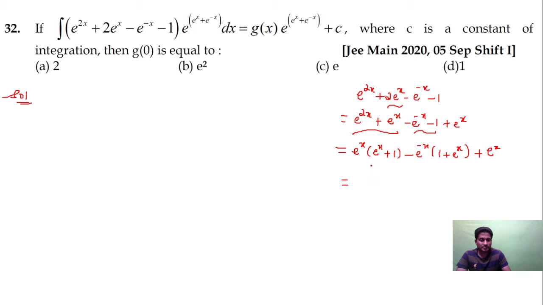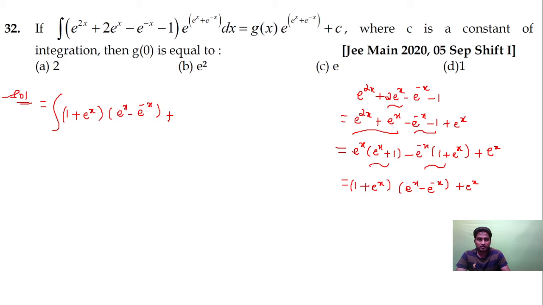Now between first term and the second term, I am going to take 1 plus e power x common. Left out is e power x minus e power minus x plus e to the power of x. That's fine. So this can be written as 1 plus e to the power of x into e power x minus e power minus x plus e power x, close this bracket, into e to the power of e power x plus e to the power of minus x, and then dx.